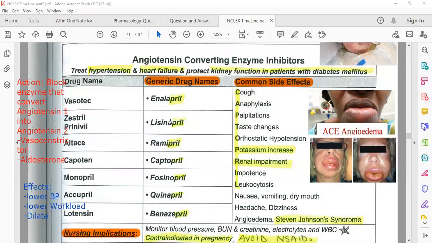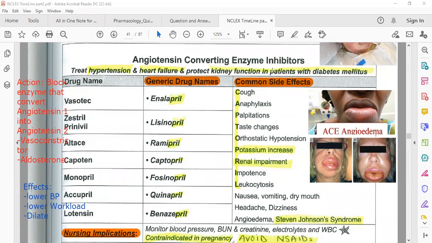In some medical conditions, we do not use angiotensin converting enzyme inhibitors; we call this contraindication. Patients with hyperkalemia or angioedema, like in this picture, are not good candidates to use ACE inhibitors.